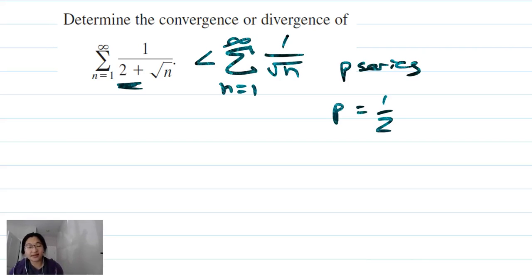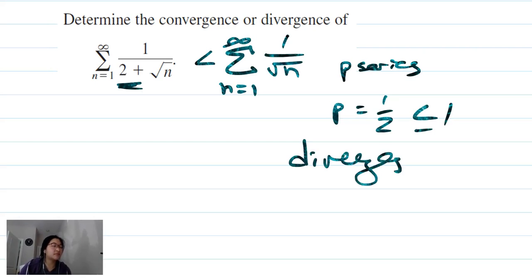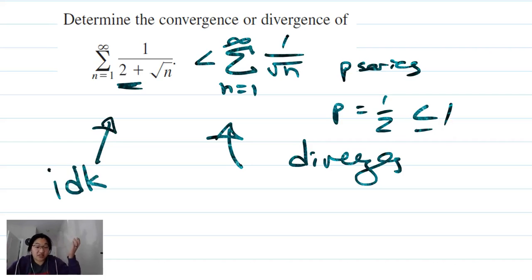The power of n is 1/2. And so this means that p is less than or equal to 1, right? So then by p series, this diverges. So the bigger series diverges, so with the smaller one, we don't know. It's okay.